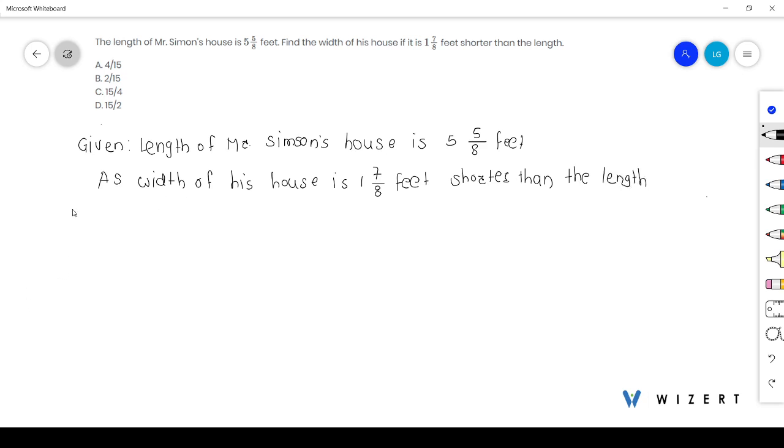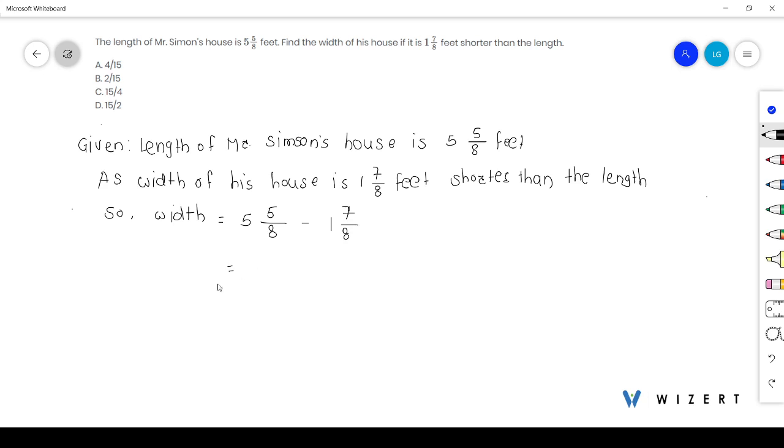So the width of his house is given by 5 5/8 less 1 7/8.